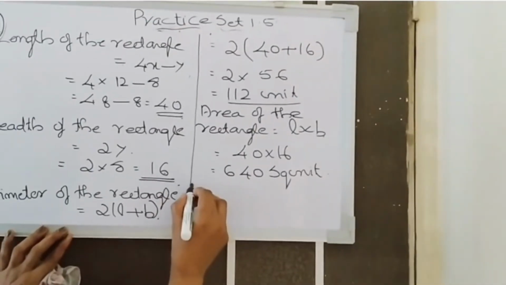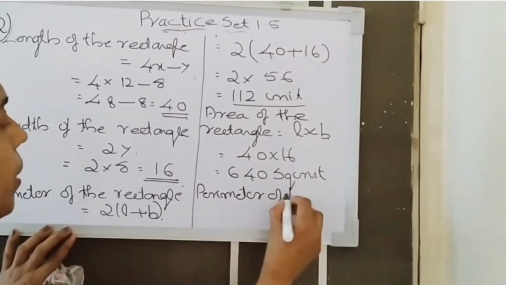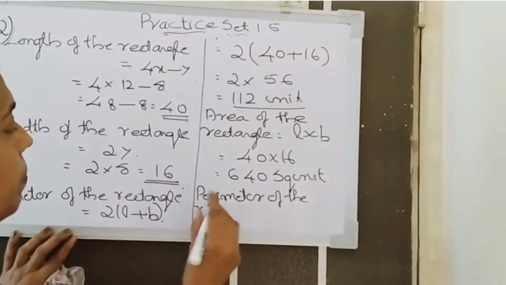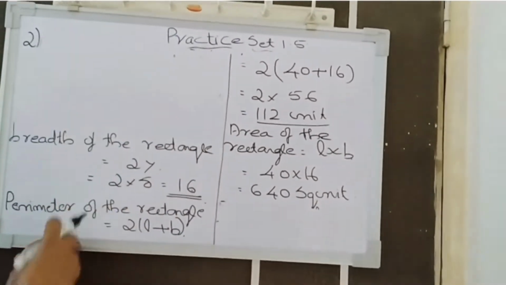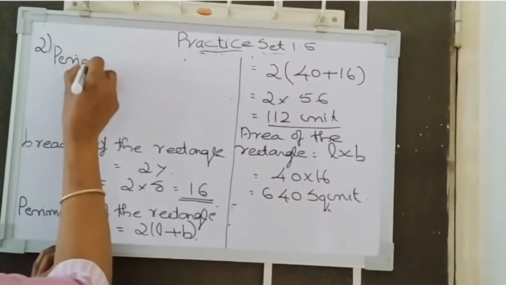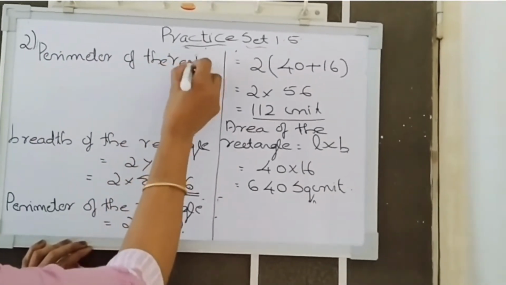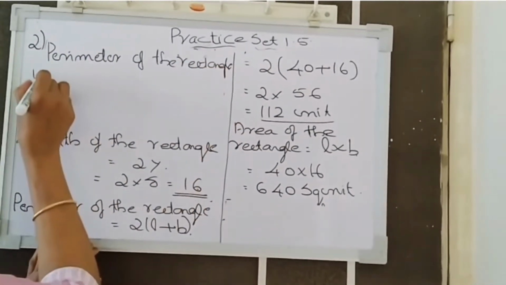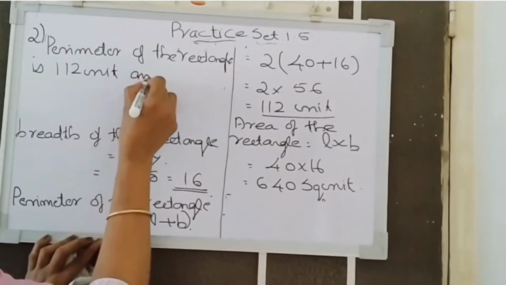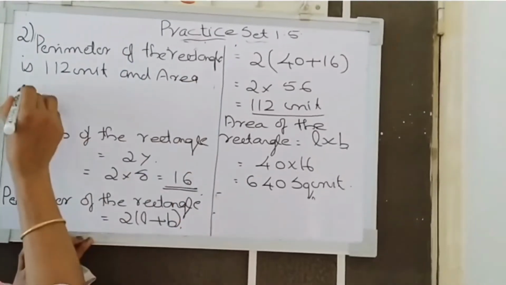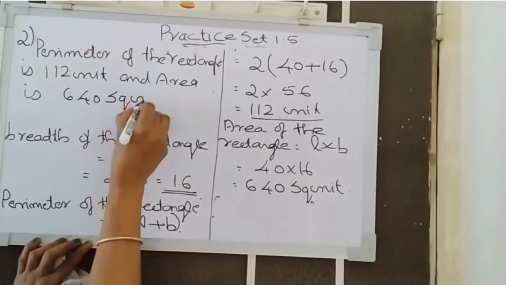Therefore, last write: perimeter of the rectangle is 112 unit and area of the rectangle is 640 square unit.